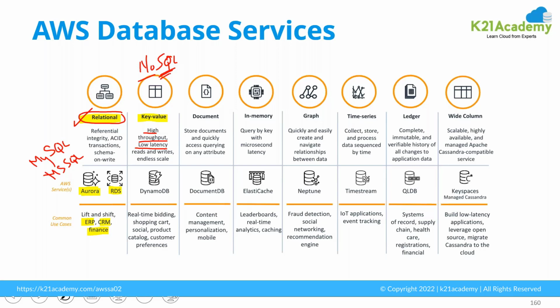Apart from SQL, it also has a key value kind of structure, and you can have a columnar approach to access the data, which makes it faster and more accessible.